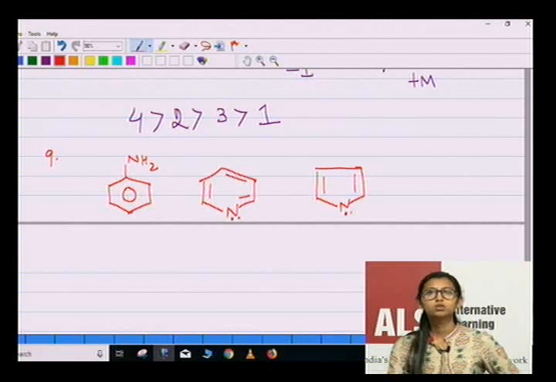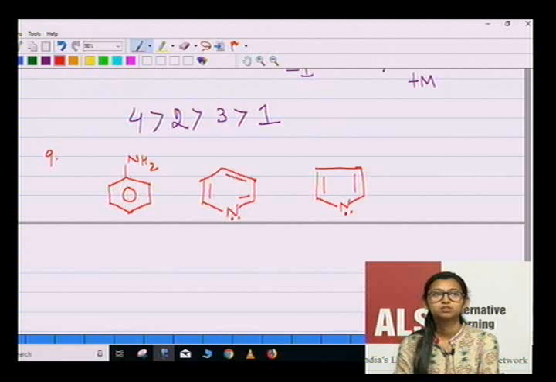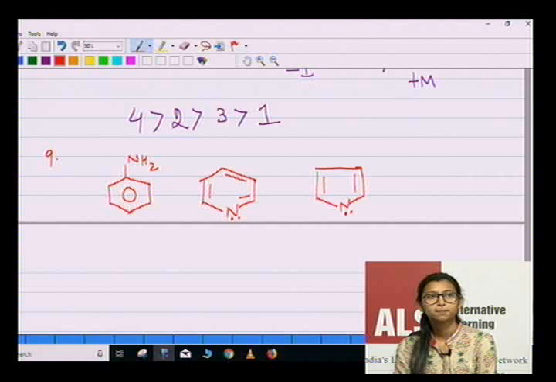How many of you know the names of these compounds? Anyone who knows the name of all these three? Anyone knows the names of any two? Anyone knows the name of only one compound? Definitely, aniline we all know.